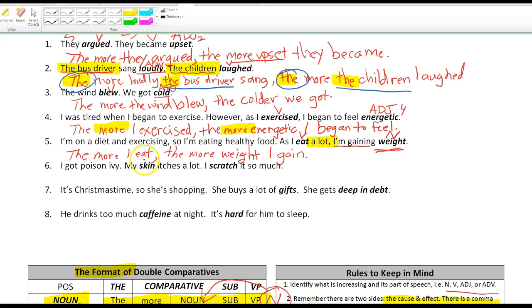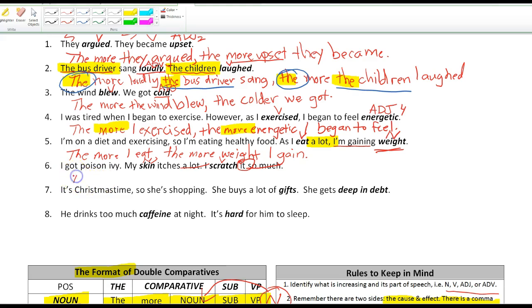Okay, so skin is a noun, and scratch is a verb. Okay? So my skin itches a lot, and a lot is going to disappear. And I scratch so much is going to disappear. And we don't need it.